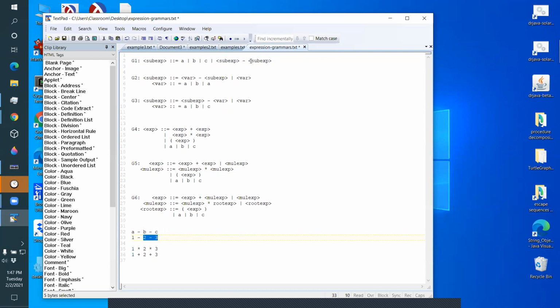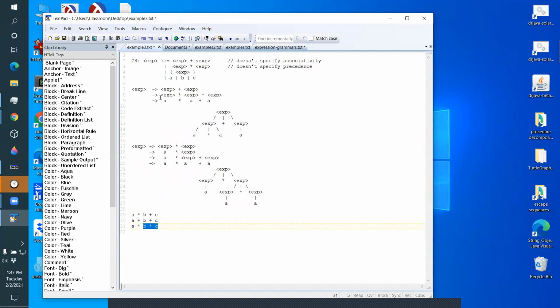Okay. Now for G4, he's using plus and multiplication. For the left and right associativity, it doesn't matter. But again, he isn't telling you whether to group this way or group this way, though it doesn't really matter. Now, if he did make this subtraction and division, then even the associativity would matter.